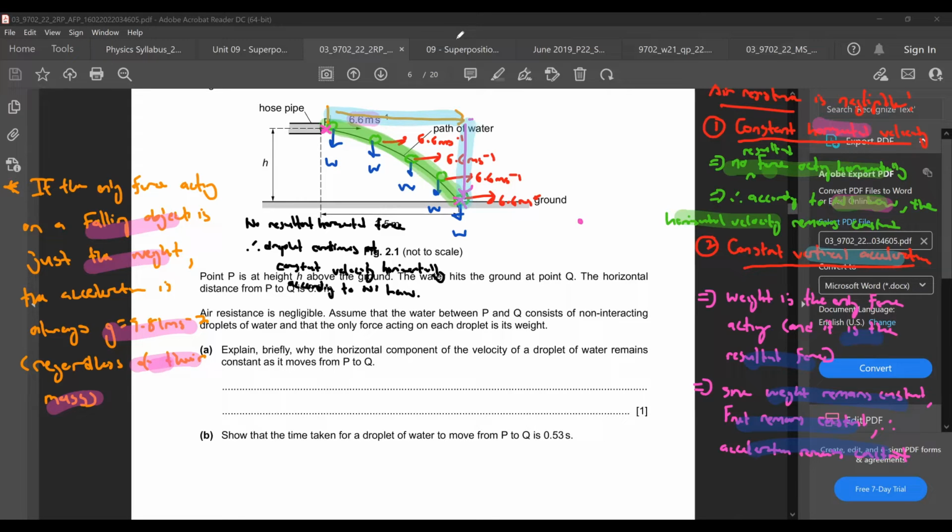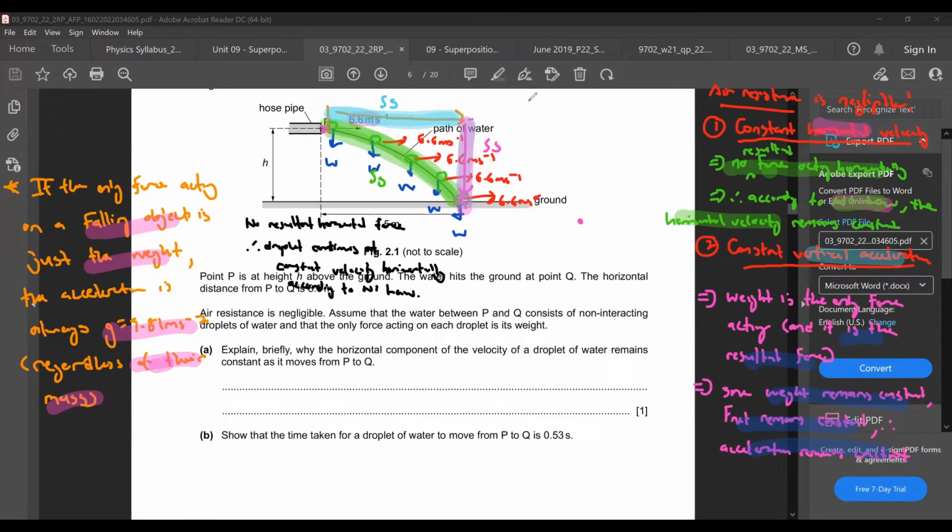So the important thing to note from here is that if, say, for this path here, it took me 5 seconds, for the horizontal component of the motion, it will also be 5 seconds. For the vertical component of motion, it will also be 5 seconds. This one, I think I wrote it in my kinematics notes before.